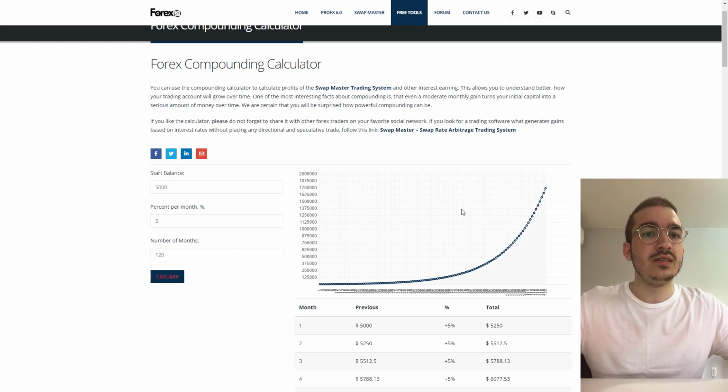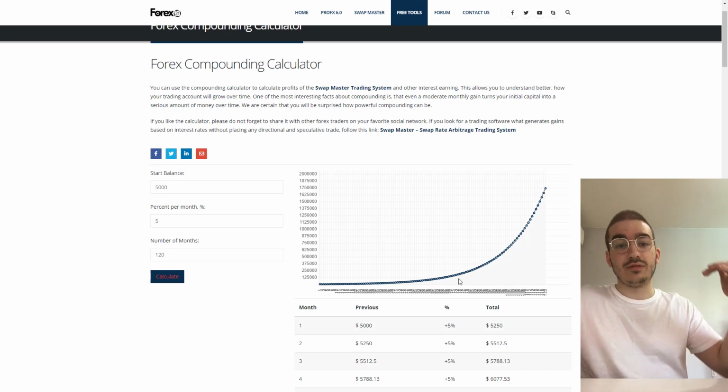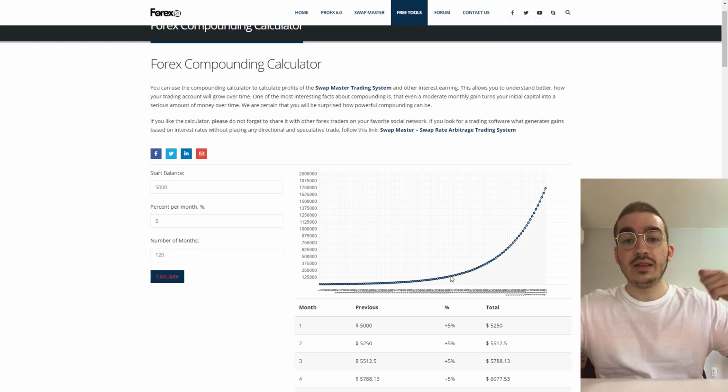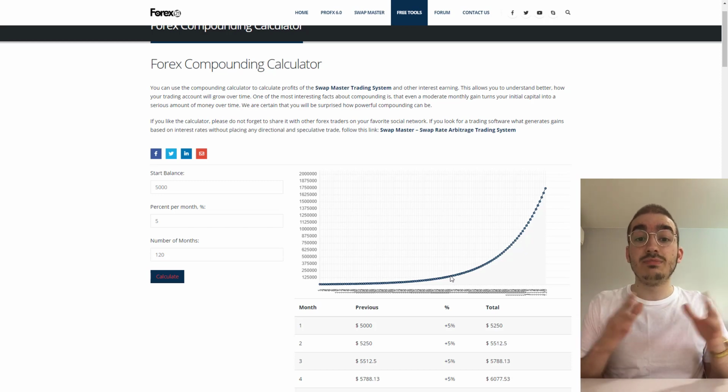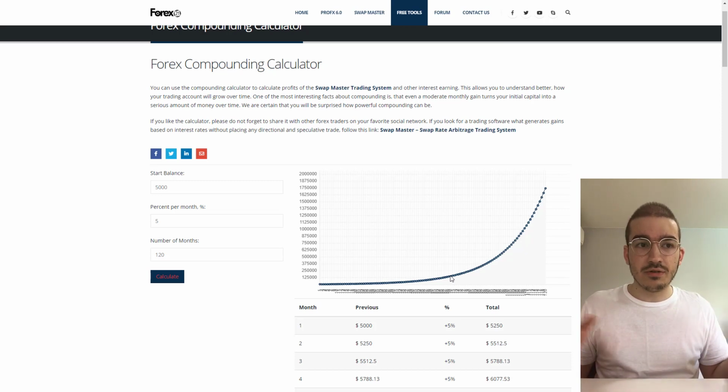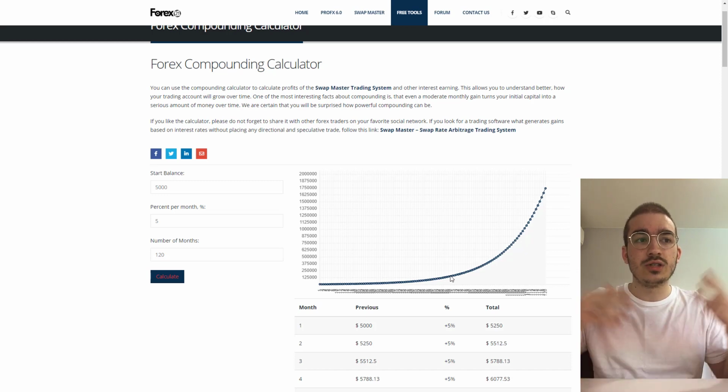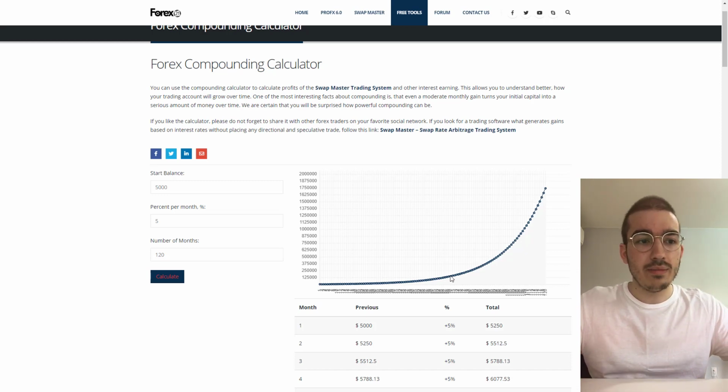Because as you guys can see, this is the compound interest, right? It grows faster and faster and faster in terms of the money, because there is more and more money in the account. So the beginning of the account is really where it takes a long time before it takes off, right? And so if you can put a little more money month after month into your account, it will speed up the first couple of years, which are the longest, and it will make your results even way better than this, you know?